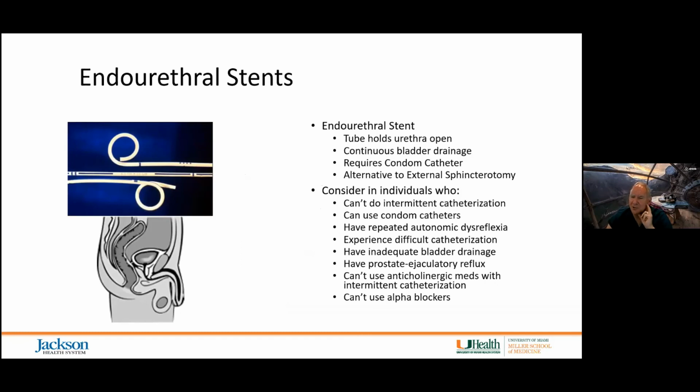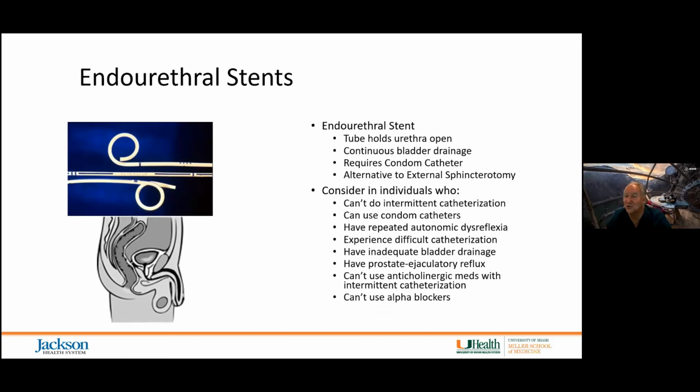What are the other options basically to prevent bladder outlet obstruction? So putting into place an endourethral stent that will hold the urethra open. This is going to require a condom catheter for men. It's an alternative to an external sphincterotomy. I'll talk about those in the next slide, actually.